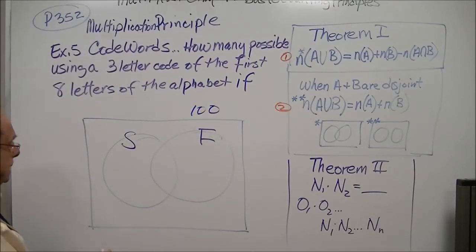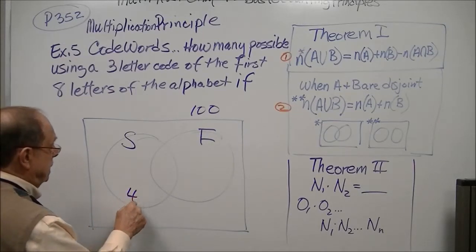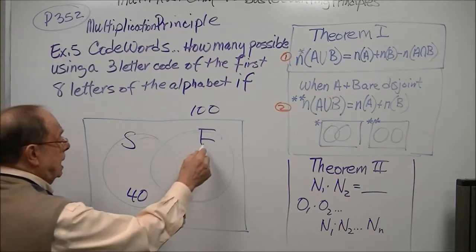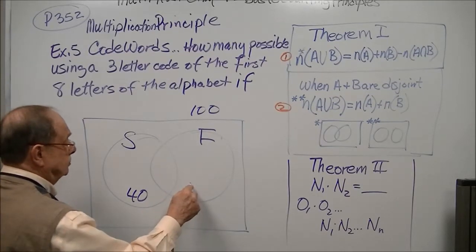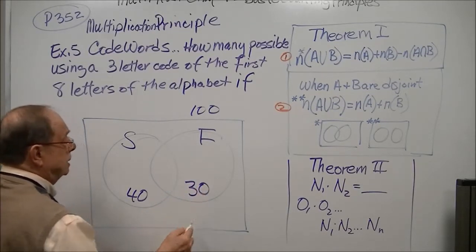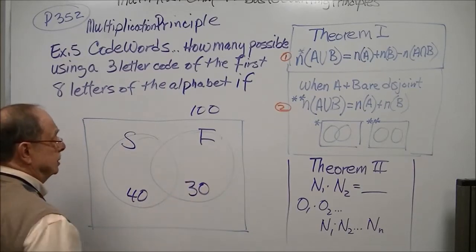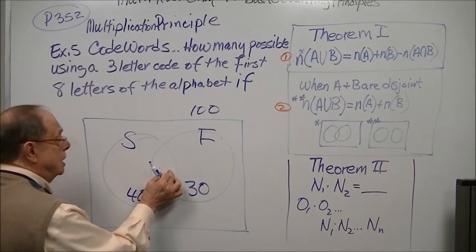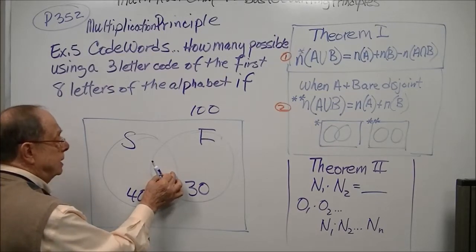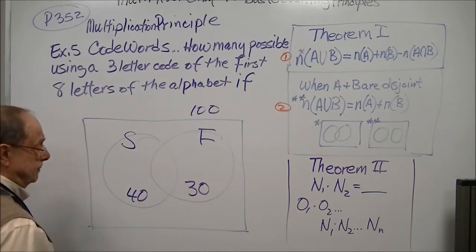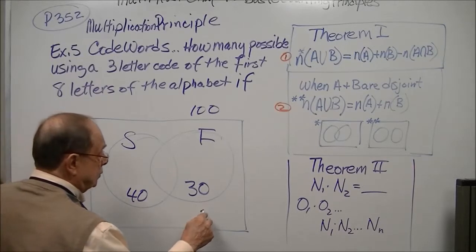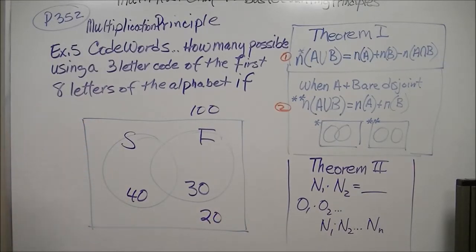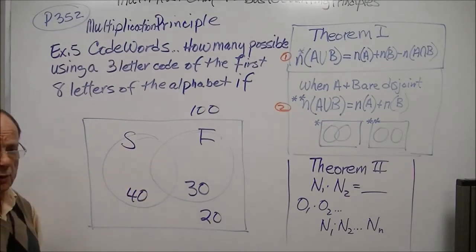Well, let's say that 40 spoke Spanish, 30 spoke French, and we didn't know how many could speak both languages, but let's say there were 20 who didn't speak either Spanish or French.